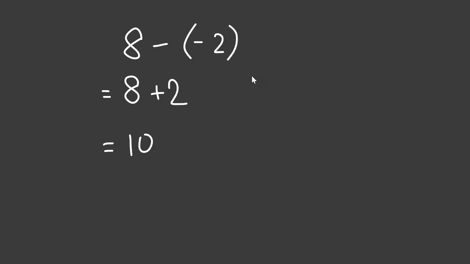However, 8 minus negative 2, we know that two negative signs means addition. 8 minus negative 2 is equal to 8 plus 2, because we have two negative signs. That is 10.